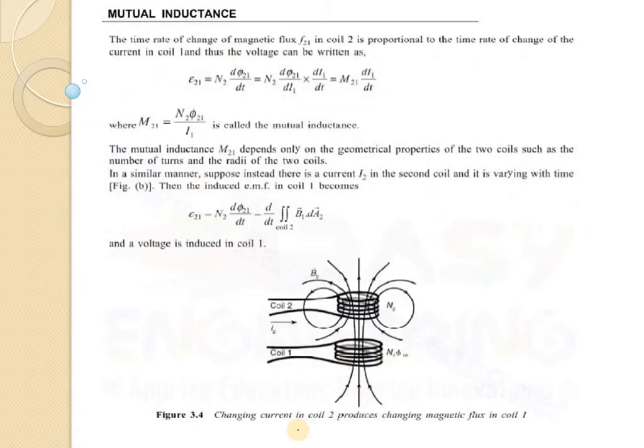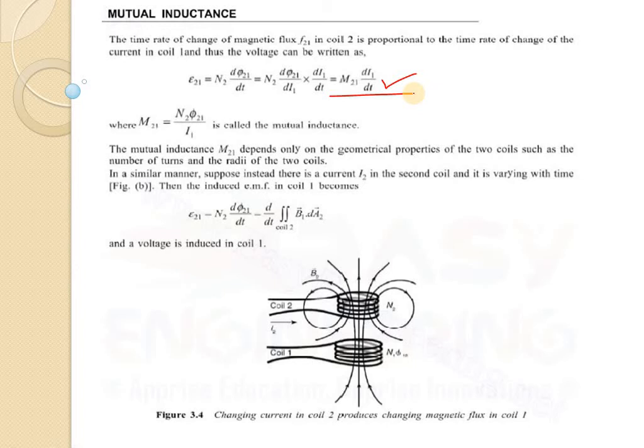The rate of change of magnetic flux phi 21 in coil 2 is proportional to the time rate of change of the current in coil 1, and thus the voltage can be written as E21 equals N2 d phi 21 by dt, which equals N2 d phi 21 by di1 into di1 by dt, that is M21 into di1 by dt.